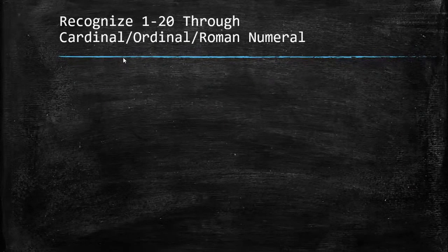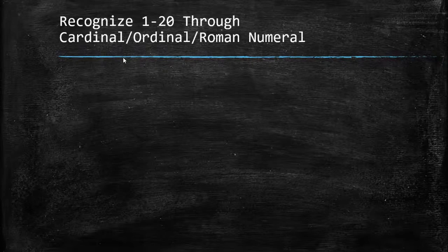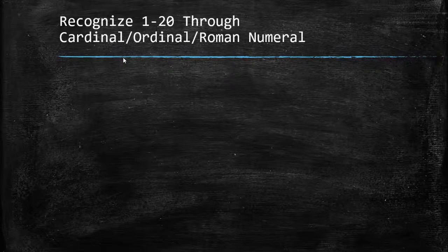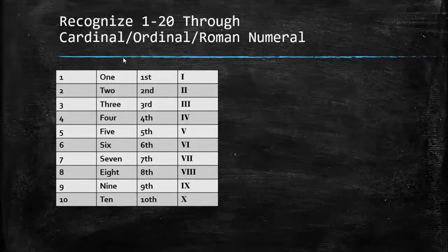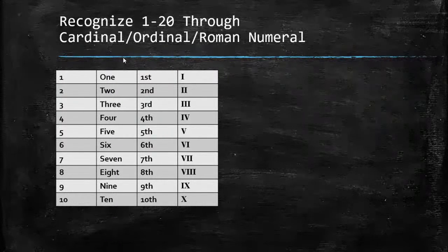Recognizing 1 through 20 through the cardinal, ordinal, and Roman numeral numbers. As you can see with my first chart, it gives me my numeral numbers in the beginning, my cardinal numbers in the second column, my ordinal numbers in the third column, and my Roman numeral numbers in the final column.